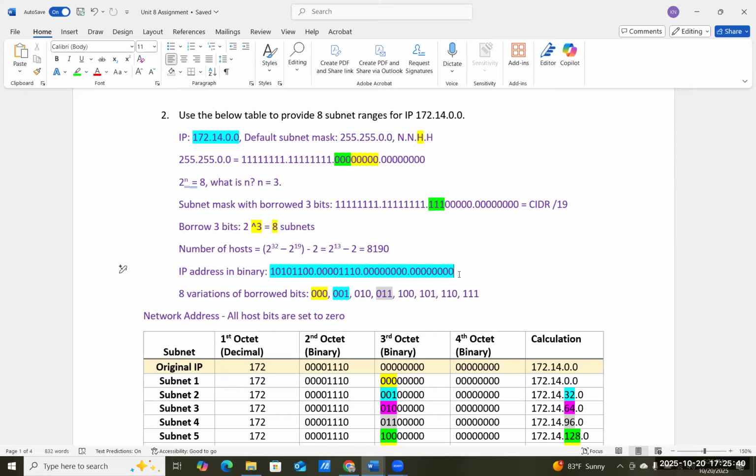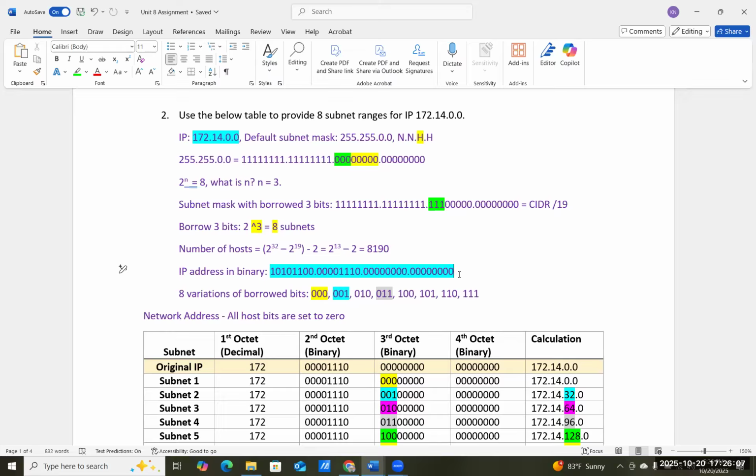You just keep switching them, just like combinations. 0, 1, 1, then 1, 0, 0, 1, 0, 1, 1, 1, 0, and 1, 1, 1. So it's exactly 8 if you count it, right? So I just put this here that we can have 8 variations of how we would borrow the bits.